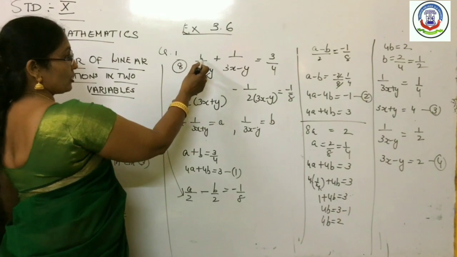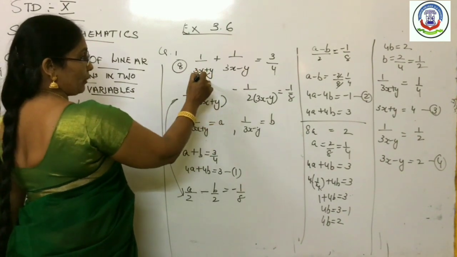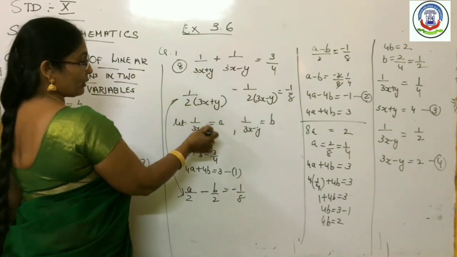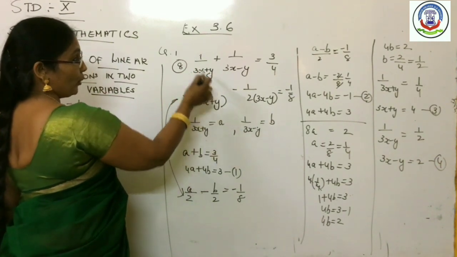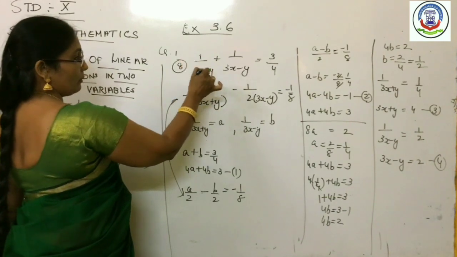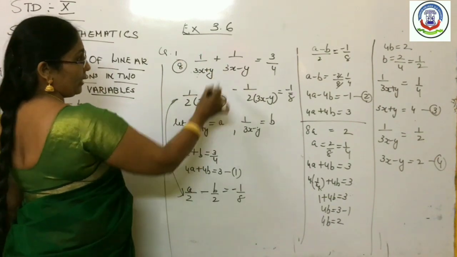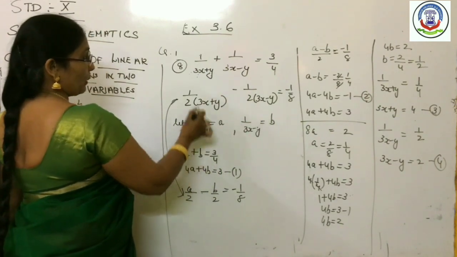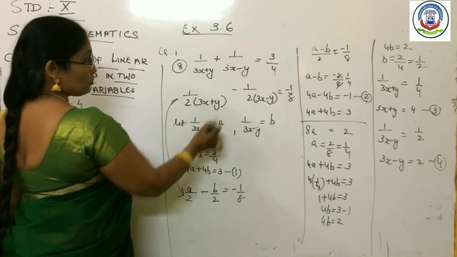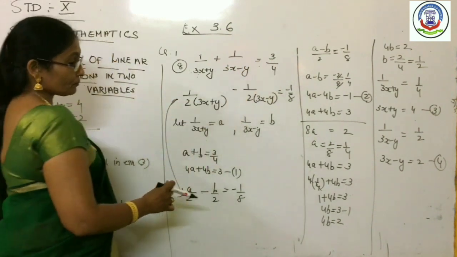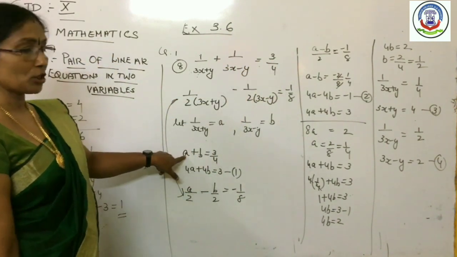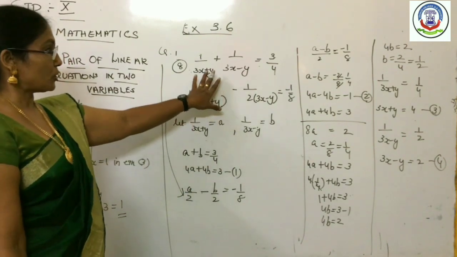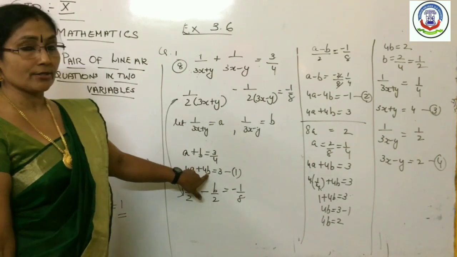Now, how will the equation change when you substitute a and b? 1 by 3x plus y is changed into a, and 1 by 3x minus y is changed into b. Now the equation becomes a plus b is equal to 3 by 4. You can cross multiply this one here, so it will come 4a plus 4b is equal to 3. The first equation you have got in terms of a and b.